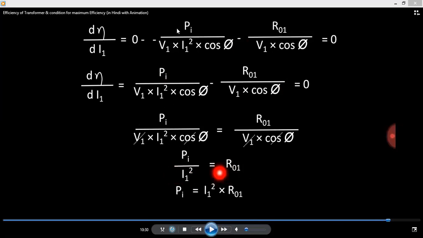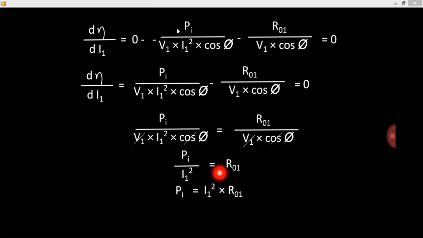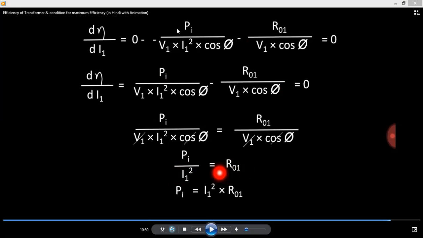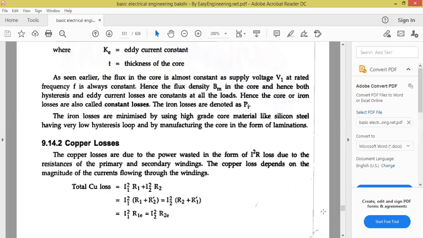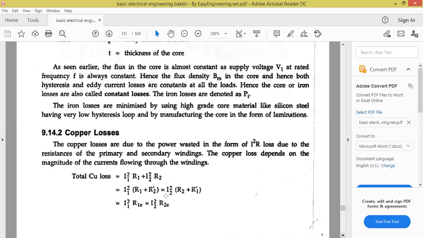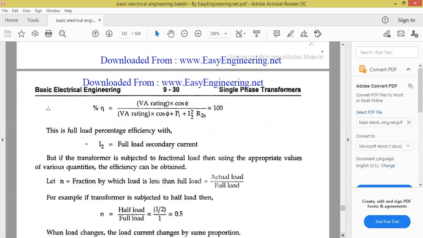Now, you have taken the efficiency formula and the condition for maximum efficiency. Let us take the problem on efficiency. Remember, this is also one simple formula: I1 square R01 equals I2 square R02.